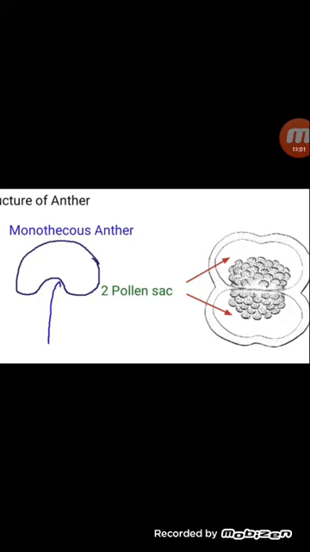So, if it is a dithecous anther, there will be 4 pollen sacs. If it is a monothecous anther, there will be 2 pollen sacs.